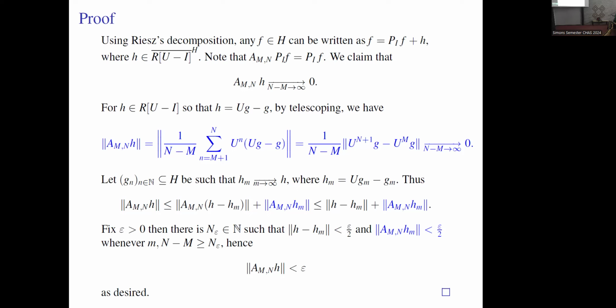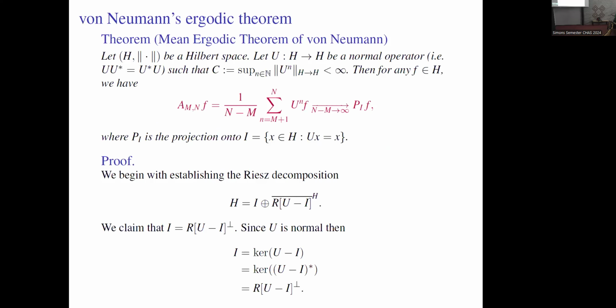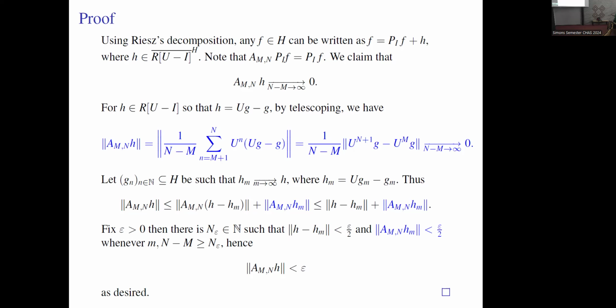So therefore, this can be dominated by 2 times C, where C is this quantity here. And now we put 2 times C divided by this, and this converges to infinity. So therefore, everything converges to 0. And that's how we get the second part.